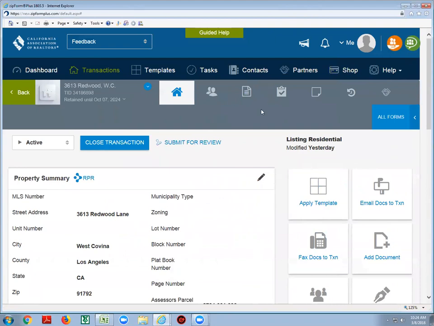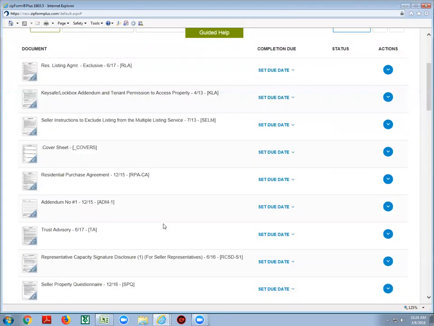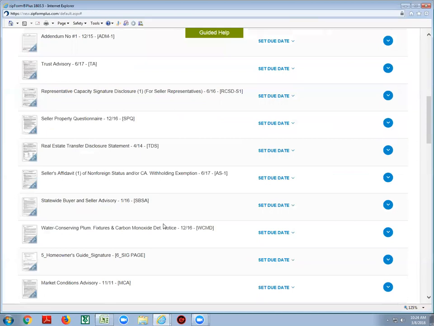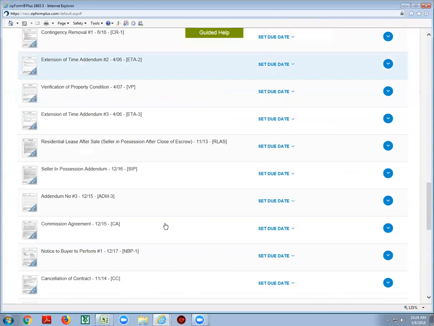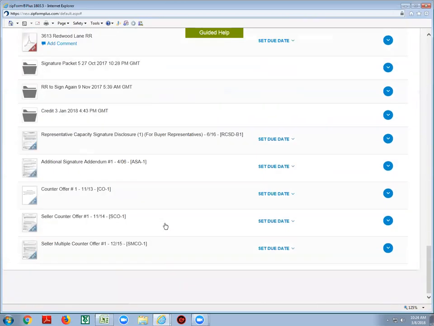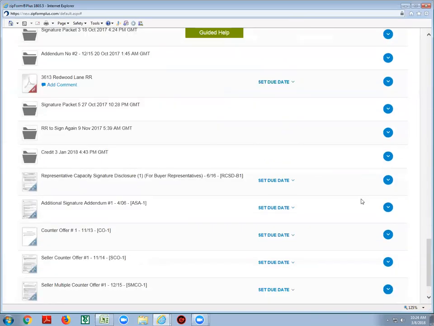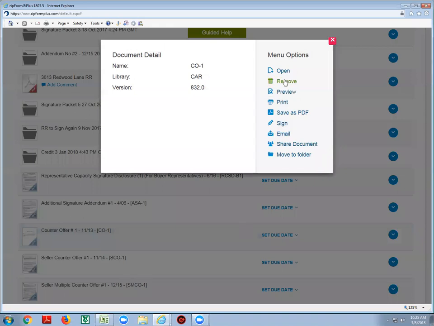Not yet, I've got to remove one of them. Counter offer number 1, I need to remove that. Upstairs, please wait a moment, because I have a form I need to delete. I made a mistake, it should be buyer's counter, so I'm deleting this form. This one is being replaced. Remove.